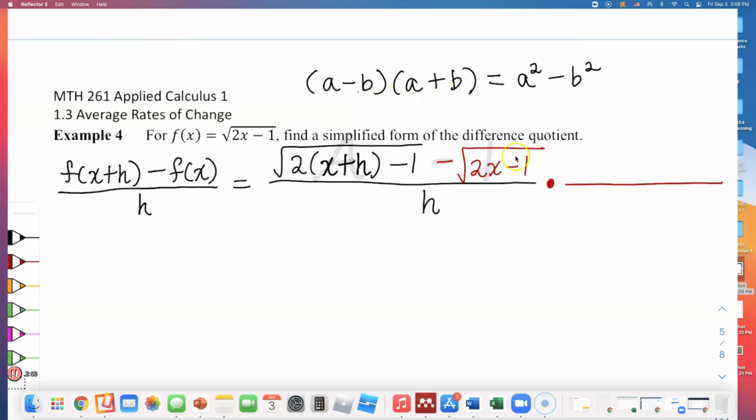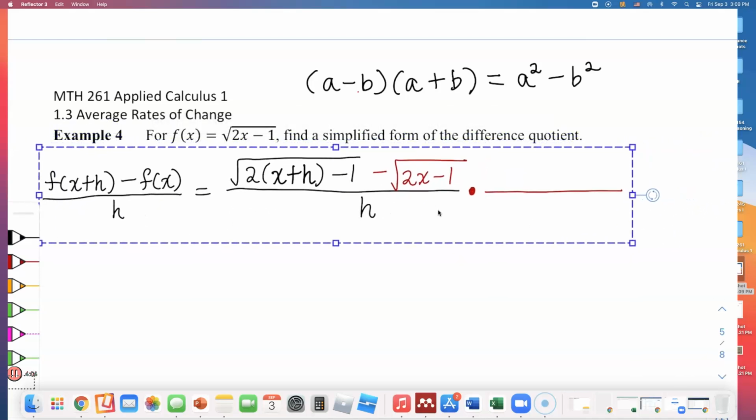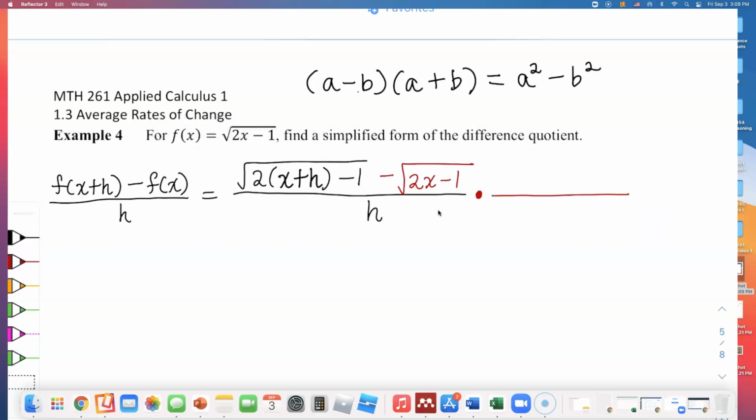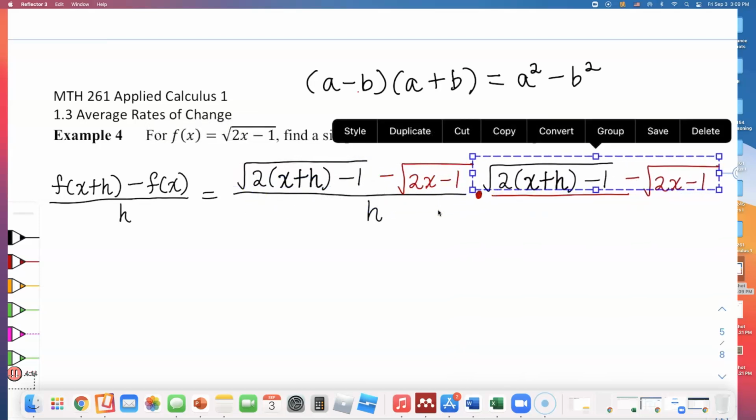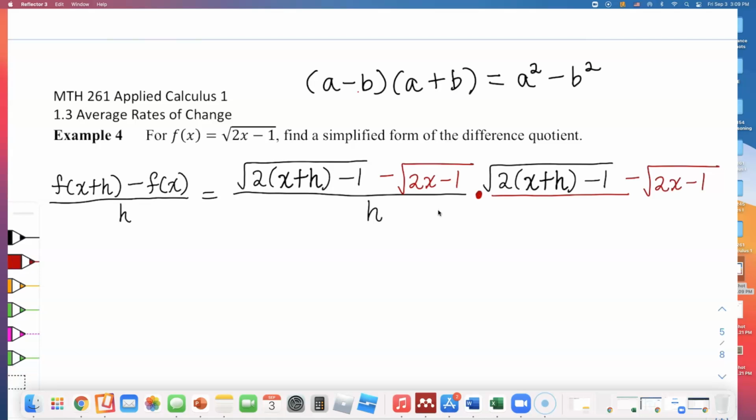What I'm multiplying to both the numerator and the denominator is going to be exactly the same as what I have up here, but the sign in the middle, instead of the minus, is going to be plus.